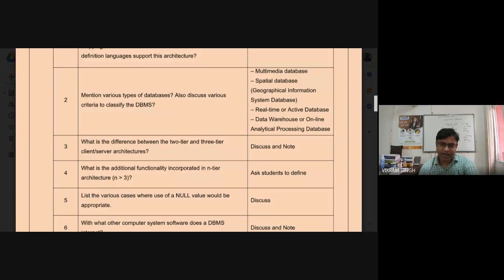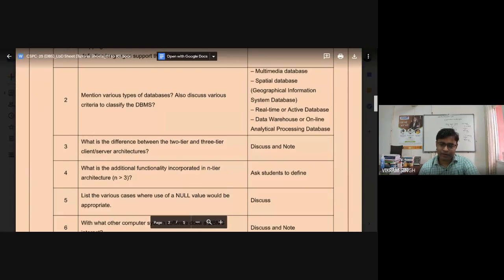Primarily it is not like that. So we still have two classifications, two classes. If you want to understand the classifications of database, it can be this way: first we have the centralized view. Then we have the second, distributed view. Right.